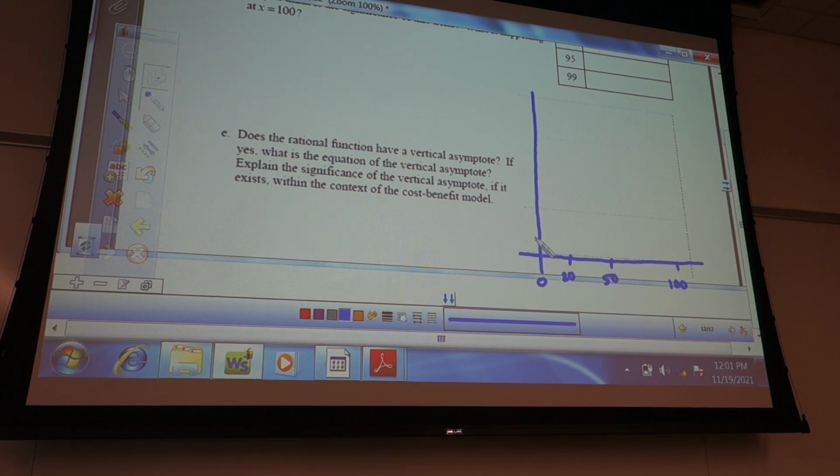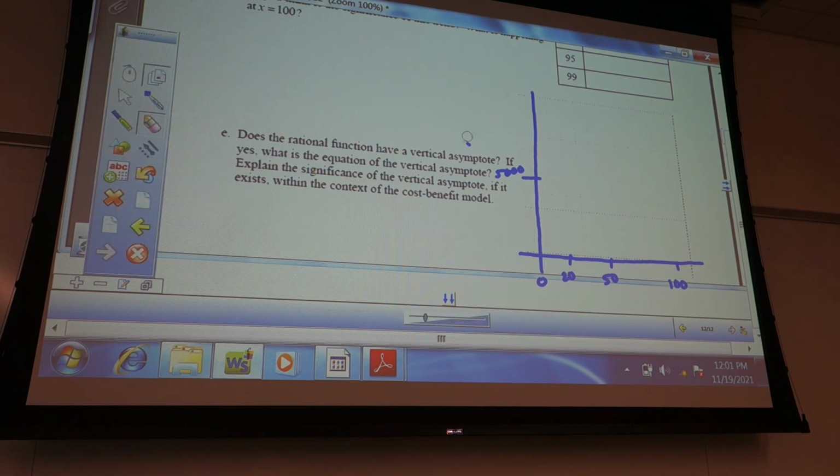And then I need to go from 0 to 11,000, almost 12,000. So let's see what I got here. I got 1, 2, 3, 4, 5, 6, 7, 8, 9, 10, 11. So maybe make each one of these 1,000. So 1, 2, 3, 4, 5. This is 5,000 thousands. This is really 5 million. This is in thousands.